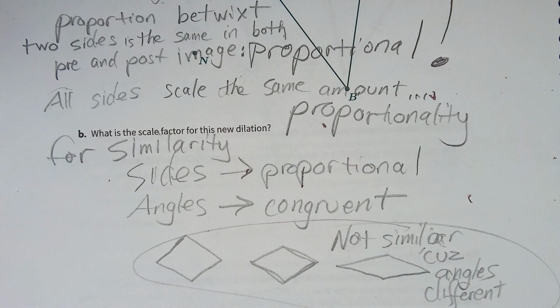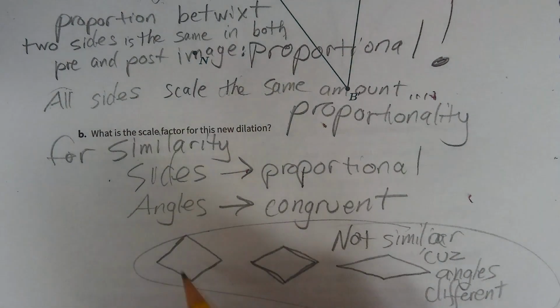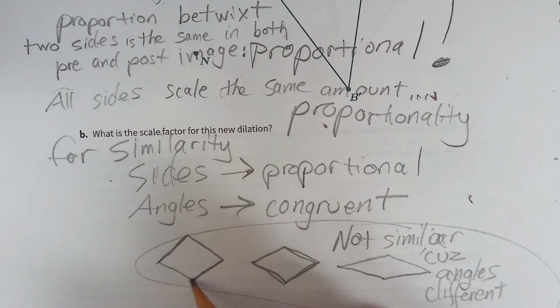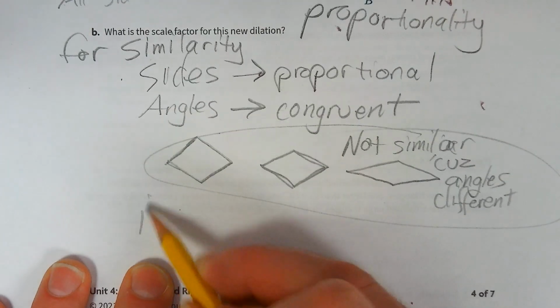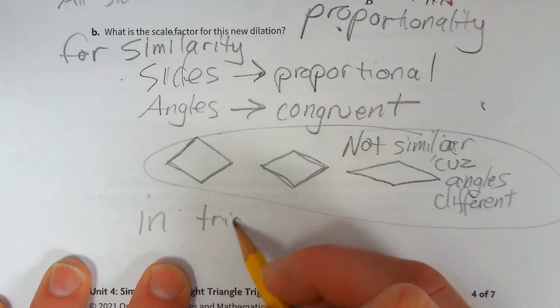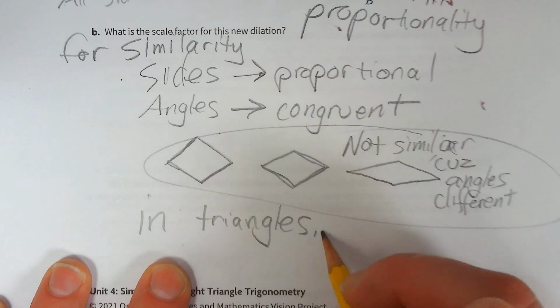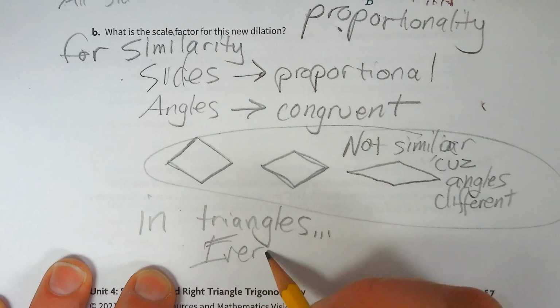But here's what I'm trying to tell you. Triangles don't have so much freedom. Remember, triangles get locked in. In triangles, everything's connected.